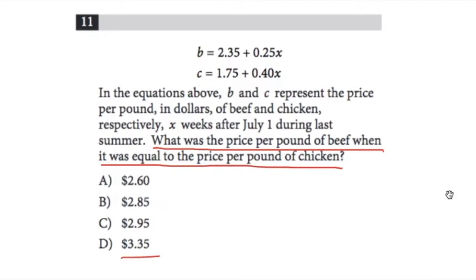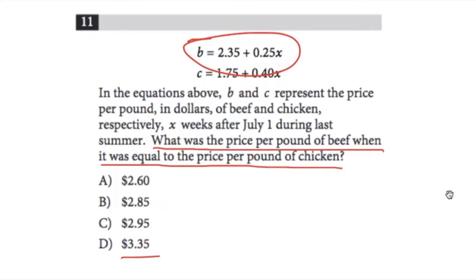And if we look at that first equation, that beef equation, that would be when x is 4. Does that make sense? Because that's that 0.25, that's 25 cents. So 0.25 times 4, that's $1. Plus 2.35, that would be 3.35. So x can't be bigger than 4. Does that make sense? Yes.